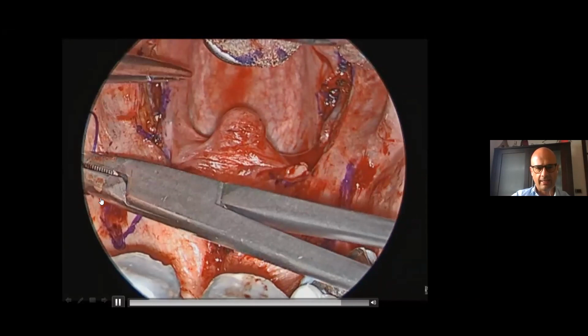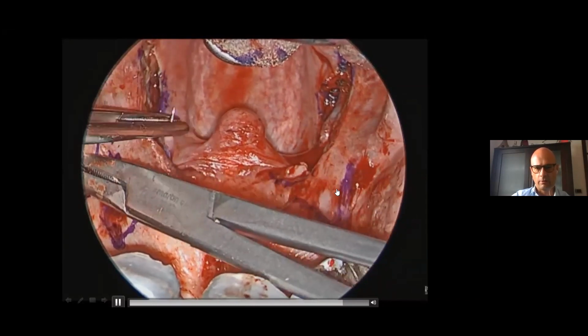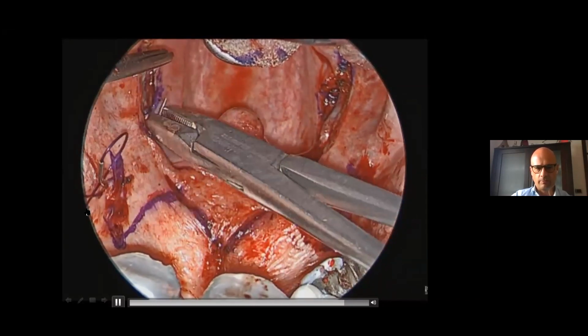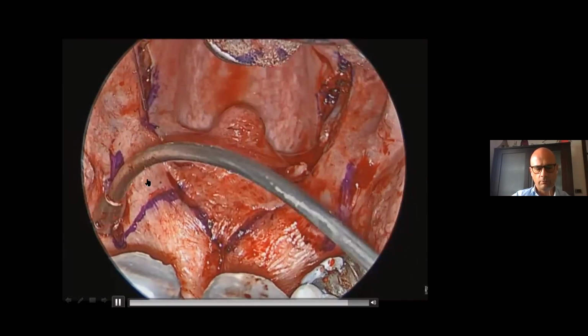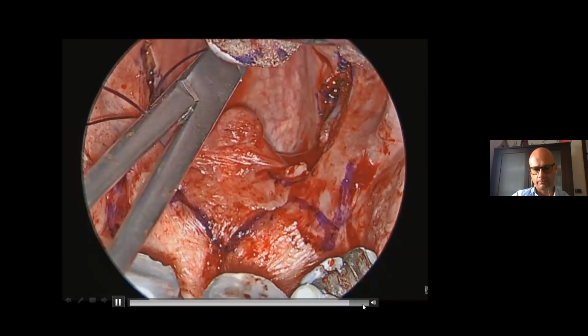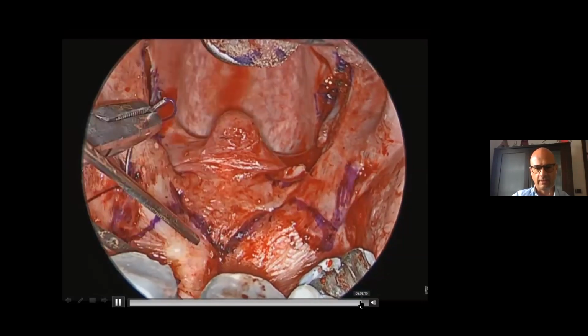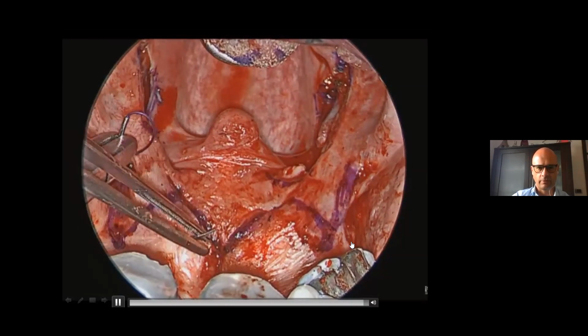So you see at the end of the procedure, no suture. It's important to stay always below the mucosa, inside the muscle. And this is the finish, the end of the procedure.